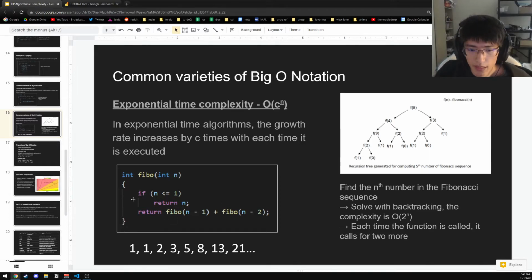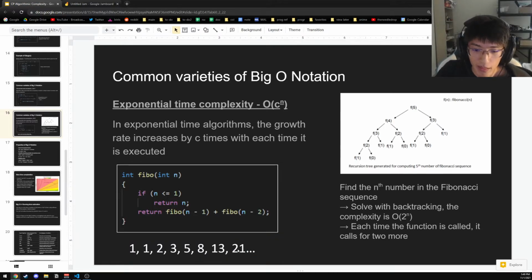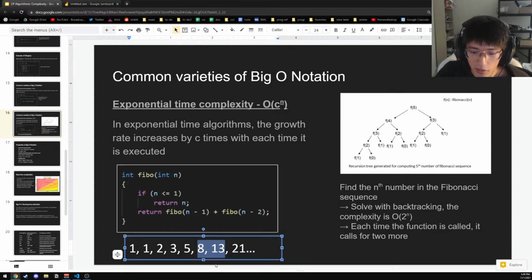And then let's say you want to do a recursive function call, returning Fibonacci of n-1 plus Fibonacci of n-2. So you have a number, and you want to find its Fibonacci value. This one is going to be Fibonacci of n-2 plus Fibonacci of n-1, and you add these two together.